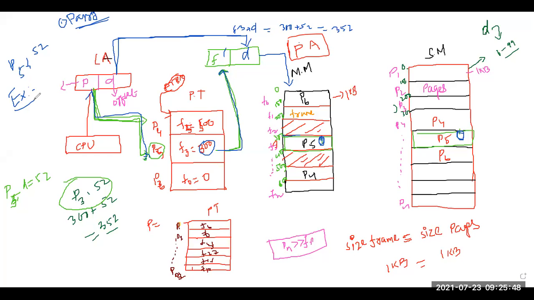Every process has... first of all, write down: the blocks in a secondary memory are called pages. The blocks in secondary memory are called pages.